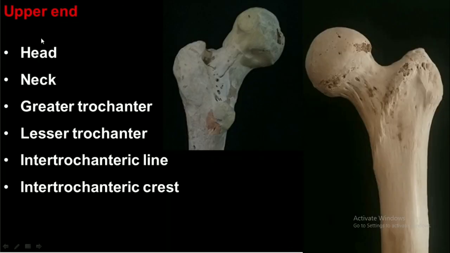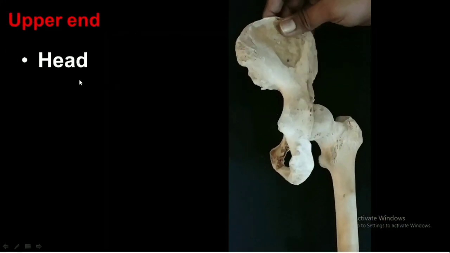Upper end having the head, this is the neck, greater trochanter, lesser trochanter you can see from the posterior aspect, intertrochanteric line from the anterior aspect, and the intertrochanteric crest from the posterior aspect. One by one we will see.